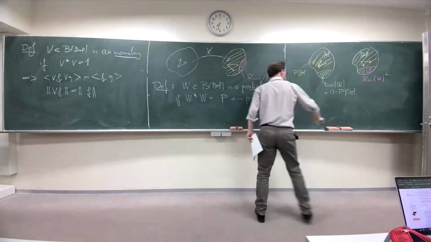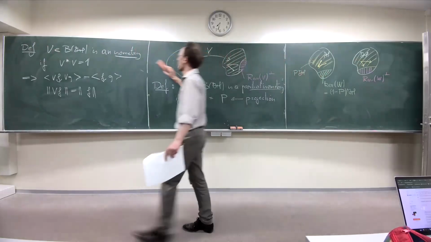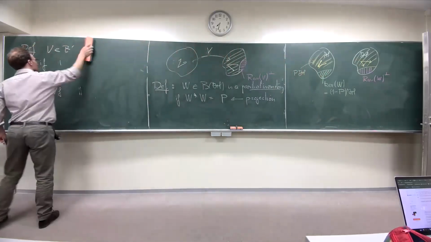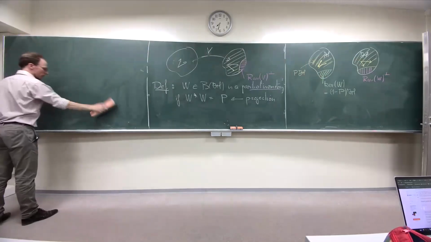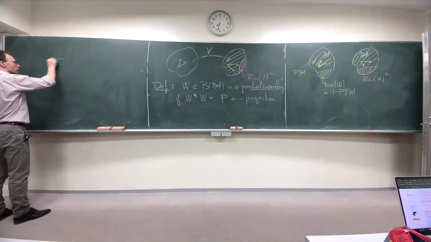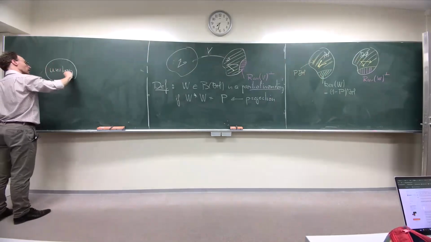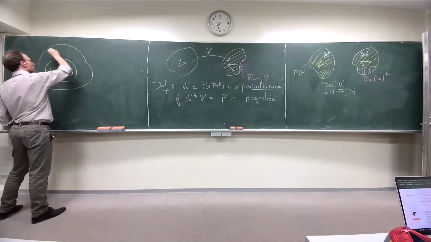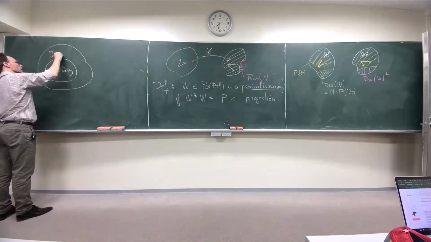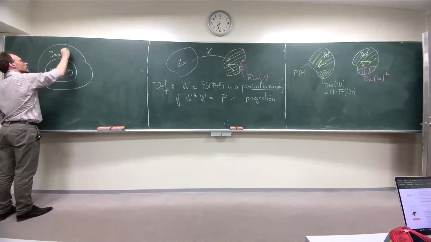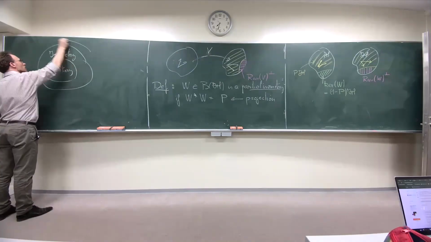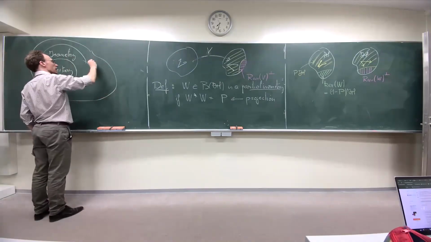And if I do a last picture about this, how should you represent this unitary, isometry, and partial isometry?